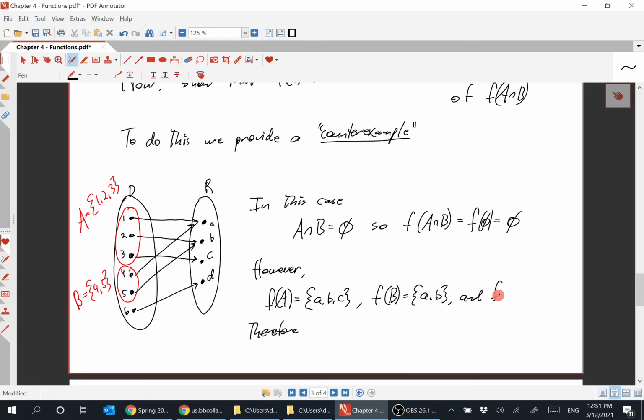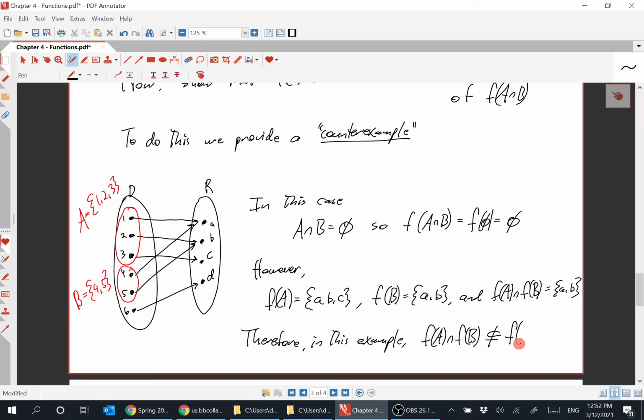And so the image of A intersection the image of B is the set {a, b}. Therefore, in this example, f of A intersection f of B, image A intersect image B, is certainly not a subset of the image of A intersection B.